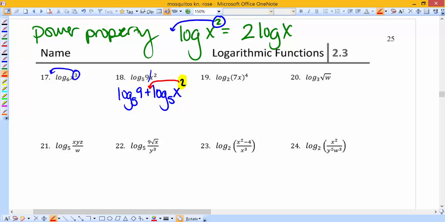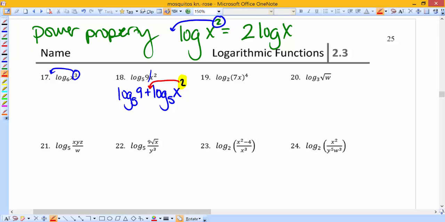I need you guys to make sure you are checking your answers for these ones. If you go through and you practice all of these properties wrong, but you think you are doing them right, it is really going to suck when you guys are taking a quiz or a test. You have to make sure you are using the properties correctly.